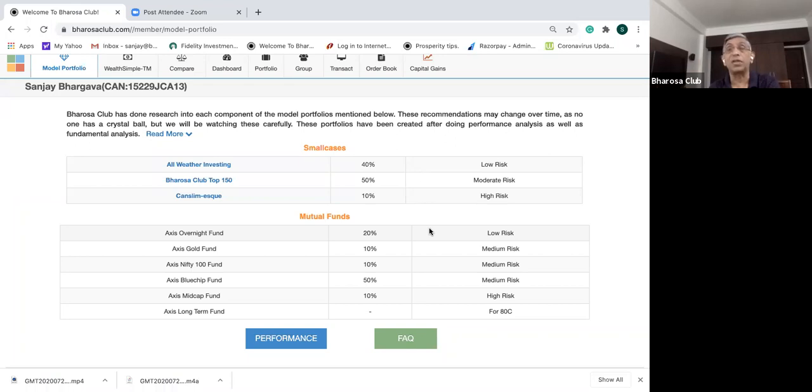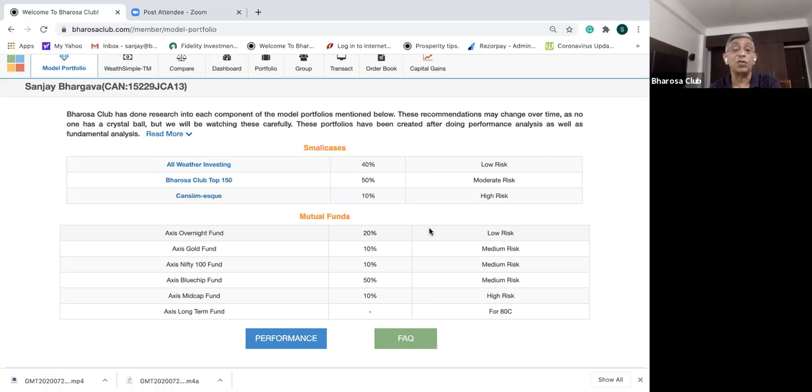So don't take it in, say, gilt funds or PSU bond funds or ultra short-term debt funds or the wide plethora of debt funds which are there, because they also have moderate risk and they don't have low risk. Okay, so that's the reason for putting the money in the overnight fund.